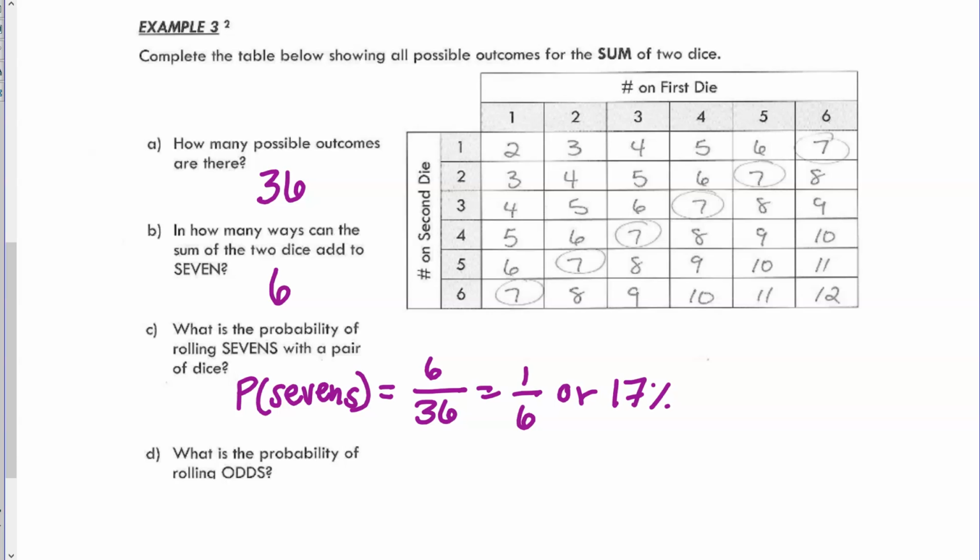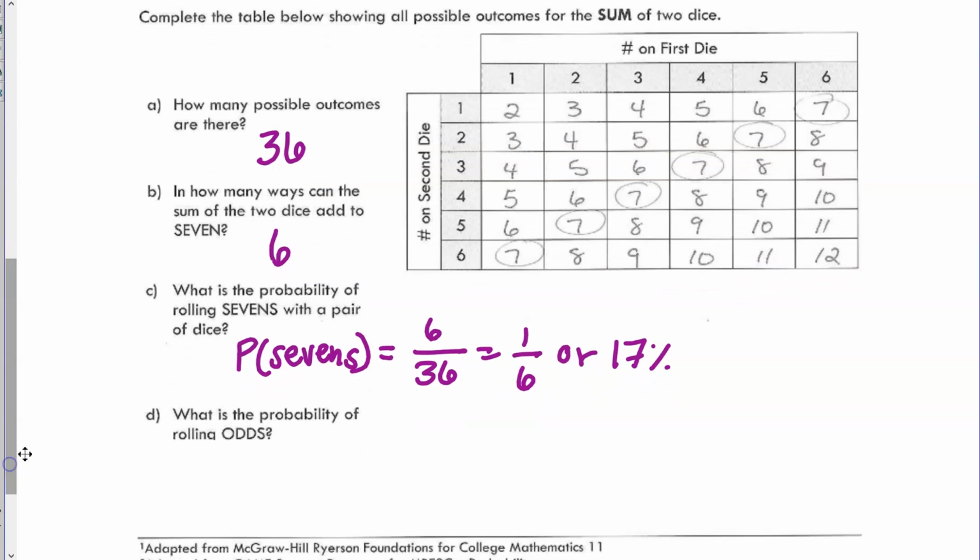Okay? The last question here, we've got to think a little harder. It's the probability of rolling odds. So our odd numbers in here are 3, 5, 7, 9, and 11. Okay, so those are the odd numbers that are included in this chart. So now we just count up.